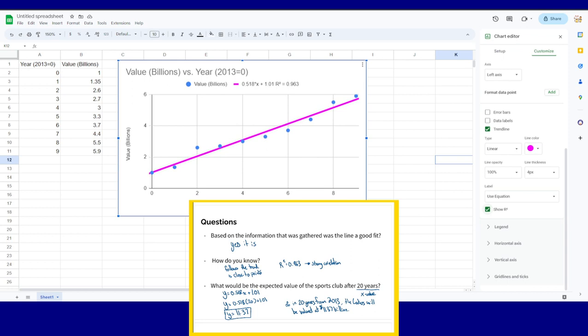The main thing, aside from knowing how to make the graphs, is understanding how we can tell if a line of best fit is good, if it has the correlation, if it is going between the points and following the trends, and understanding how that R-squared value can help us determine if it is a good, strong correlation.